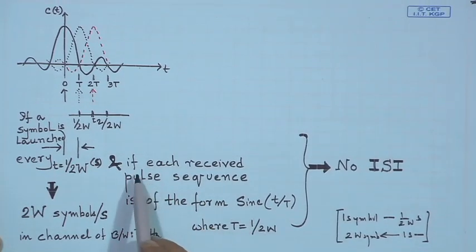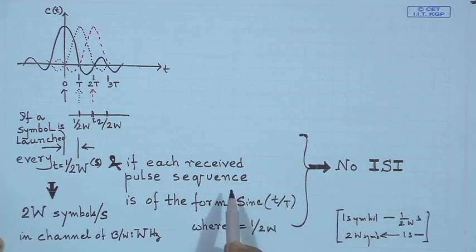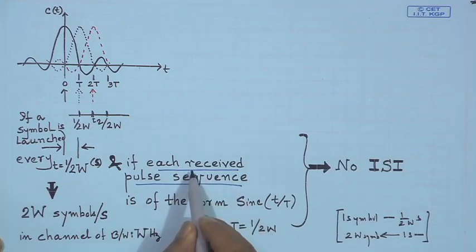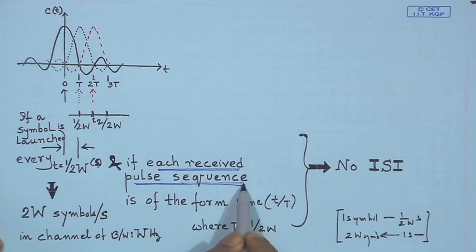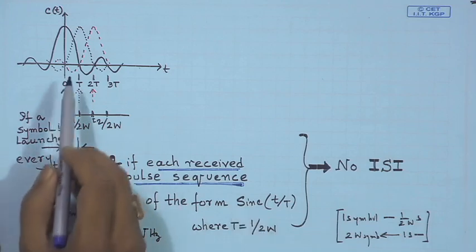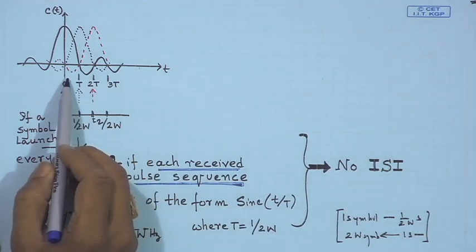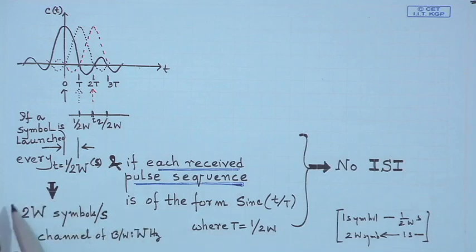That means, if each received pulse sequence is of the form sinc t upon T. Please note what we have written: if each received pulse sequence is of this form. We have not said anything about the channel here. Whatever you do, if what you receive is in this form, I do not care what has happened before. If I receive in this form, then I do not see any intersymbol interference, and this is the maximum rate at which I can send such signals.